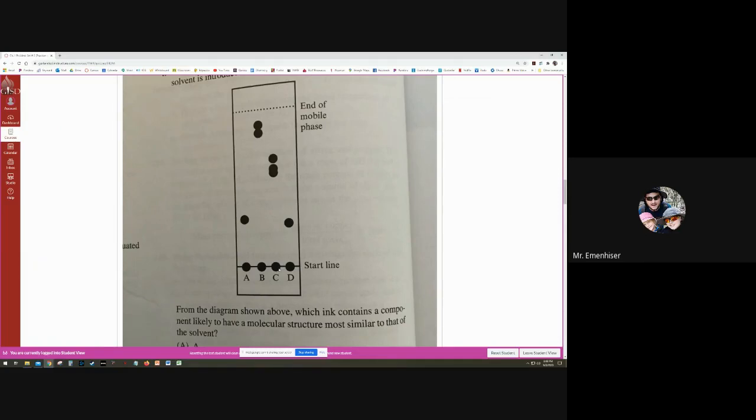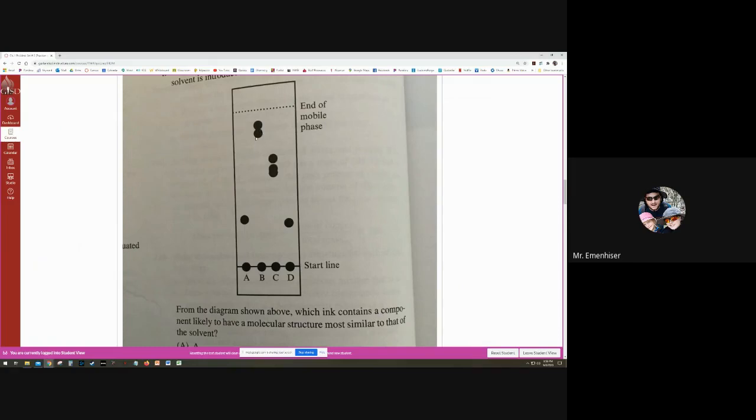So what we did is we started it here, and the solvent allowed them to spread. And since this one went the farthest, it's the closest to the solvent. So it dissolved with the solvent and moved with it, right? Whereas these guys reacted differently to the solvent and moved slower. So this guy moved the farthest, so that would be closest to the solvent.